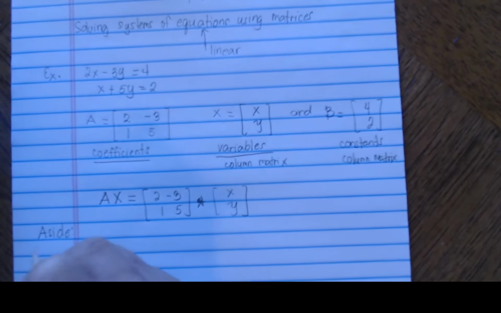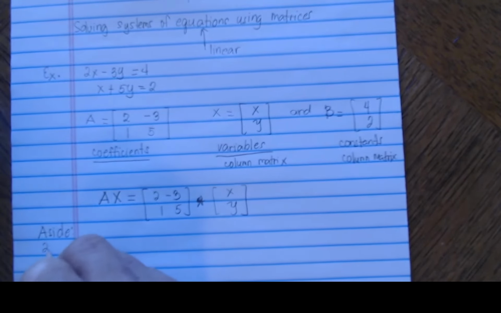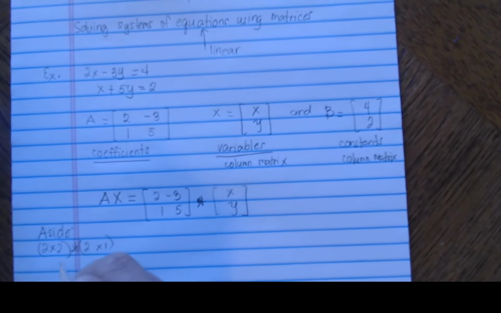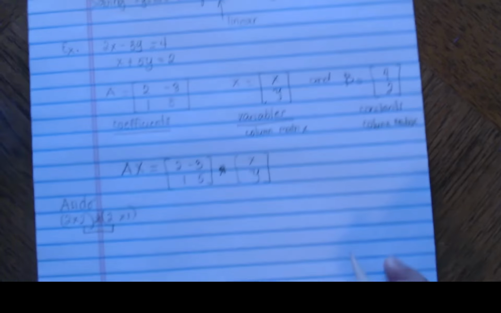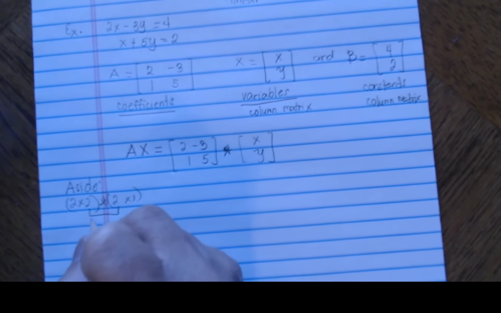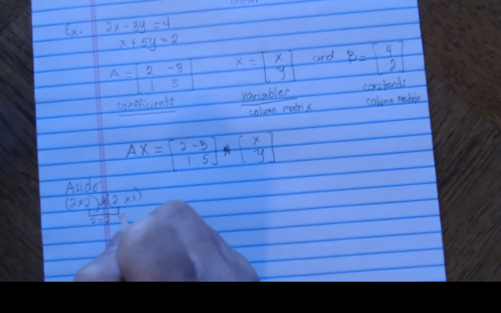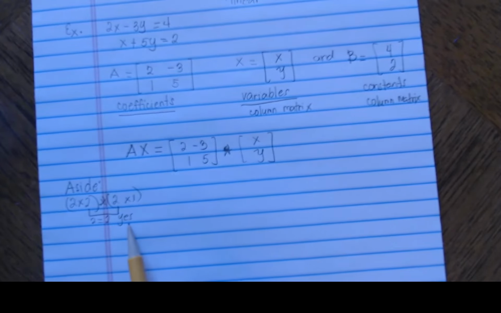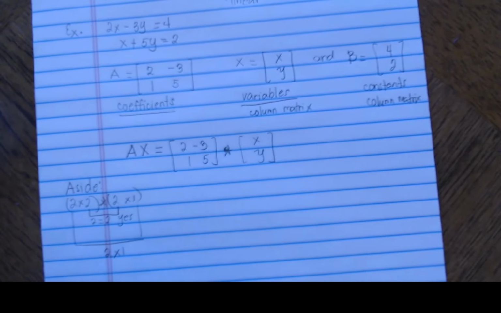This is a 2 by 2 times a 2 by 1. You look at the inside: 2 equals 2. So yes, you can multiply, and the product you will get is a 2 by 1.